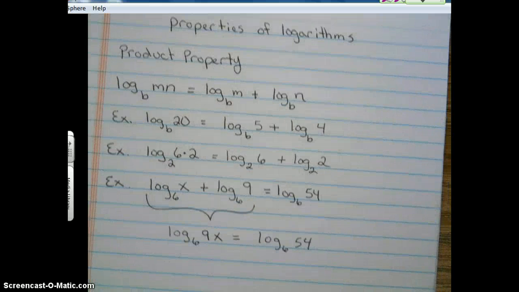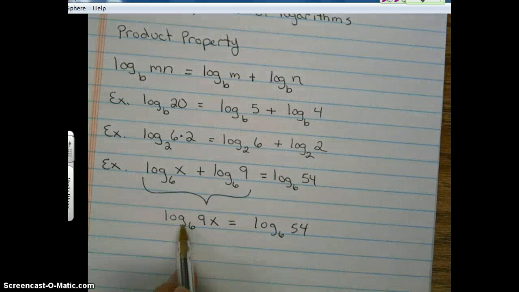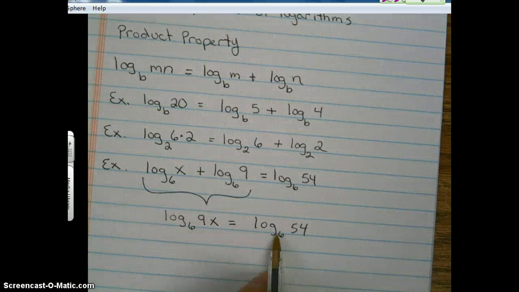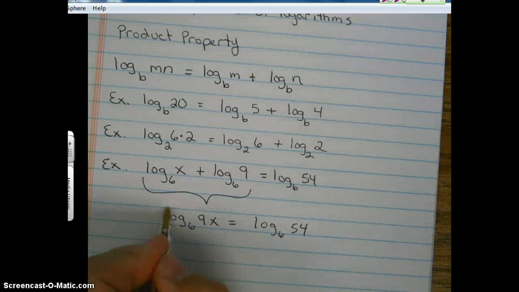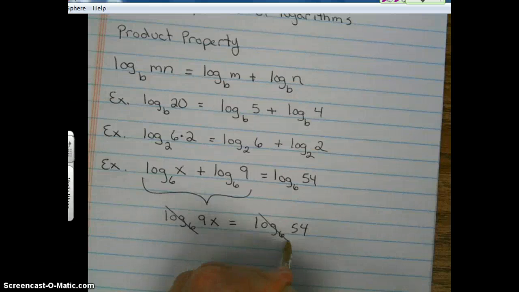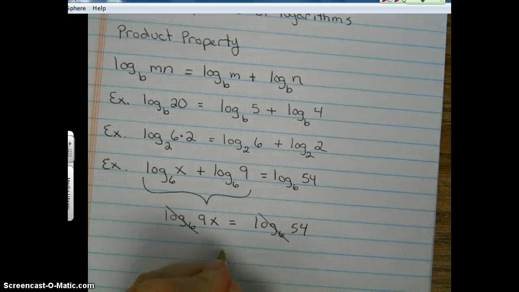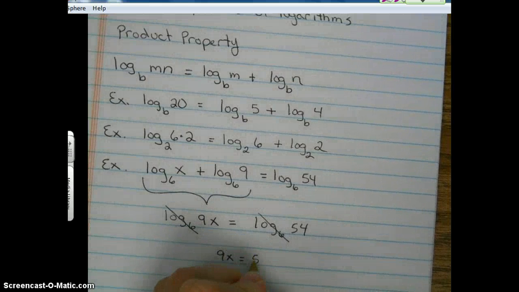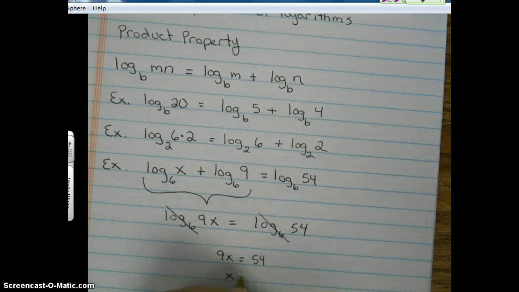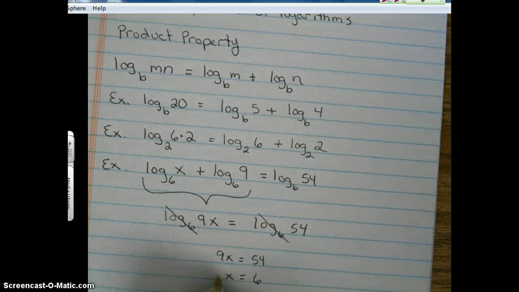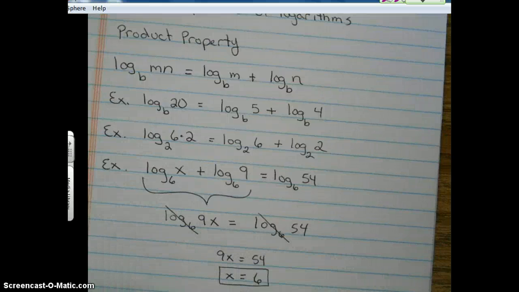Now, at this point, when solving this equation, since log base 6 and log base 6 are the same, just like with exponents, we can cancel them out. We get 9x equals 54, so x equals 6. And that's how we solve that type of problem.